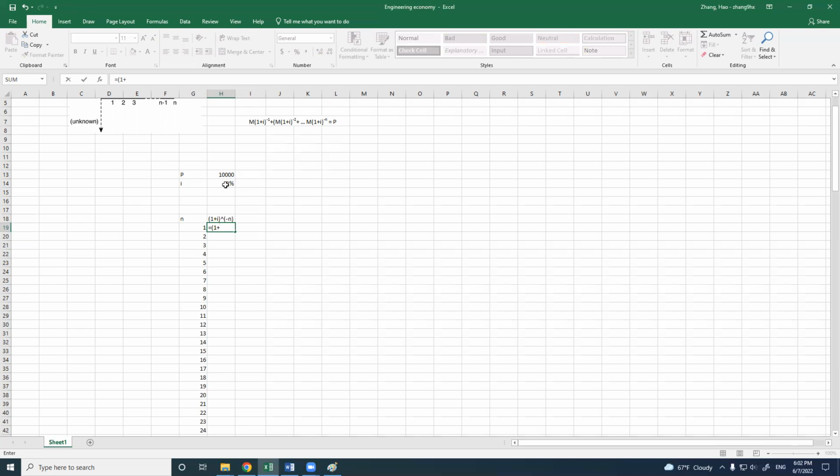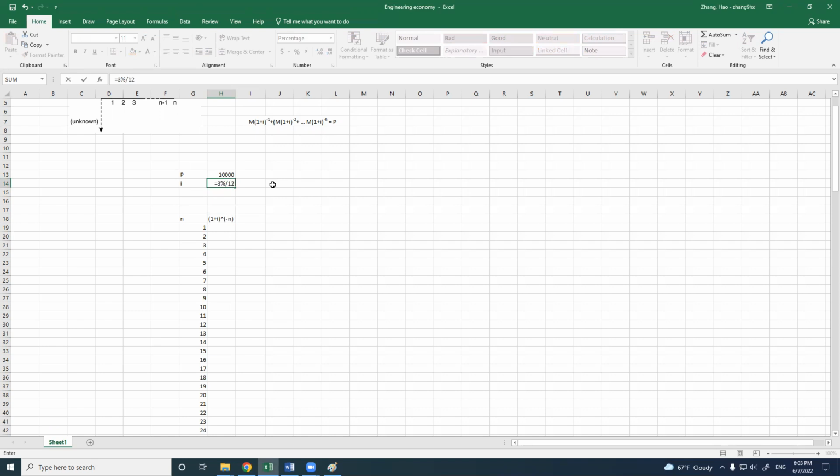Now we know the annual interest rate. We need to find out the monthly interest rate. In order to do that, we can do a very simple conversion here. We use 3%, the annual rate, divided by 12, because that is how many periods there are within a year.